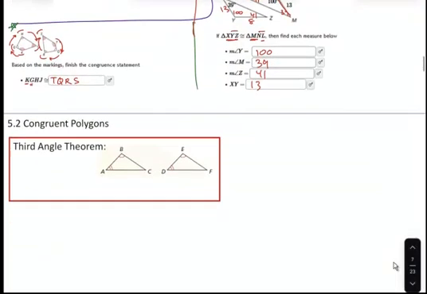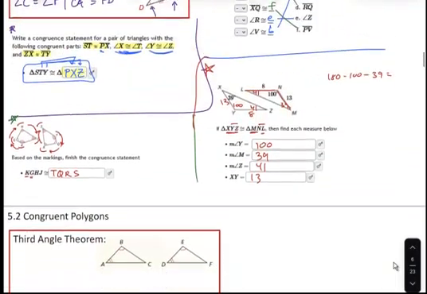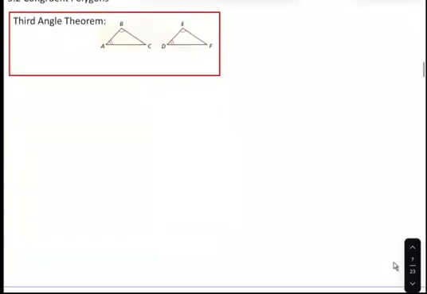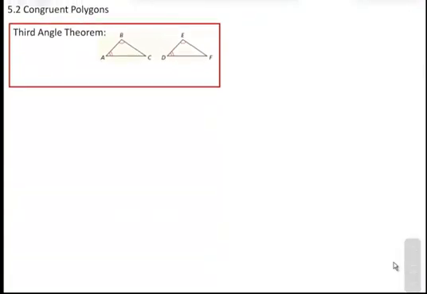And there is one more concept just to look at, and it's kind of like the sum of the acute angles in a right triangle adding up to 90. It's in that vein of this is pretty intuitive. If you have 2 triangles and they share 2 common angles, right?